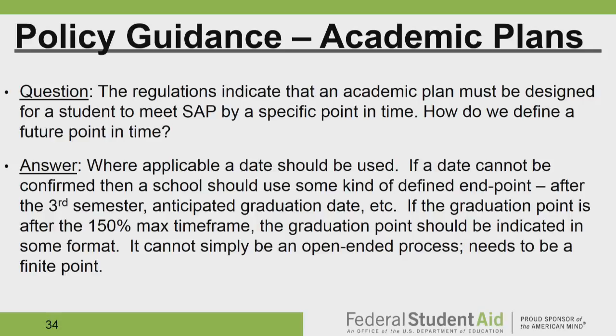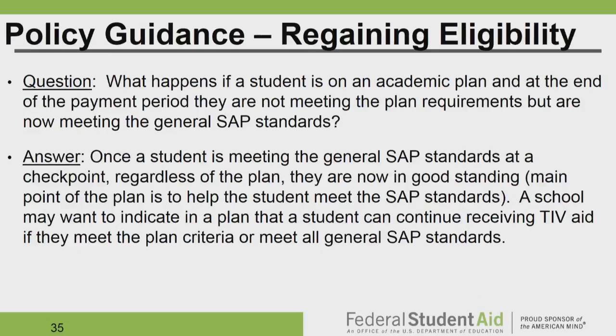Well, if I get exactly a 2.0 every time you check me under the academic plan and I have a 1.8, I'm never going to get to a 2.0. So a lot of times you have to be more restrictive in the academic plan. And that's not a bad thing. Remember, they're just trying to meet the minimums. And technically they're not even eligible, but you've given them a second chance through this appeal process.